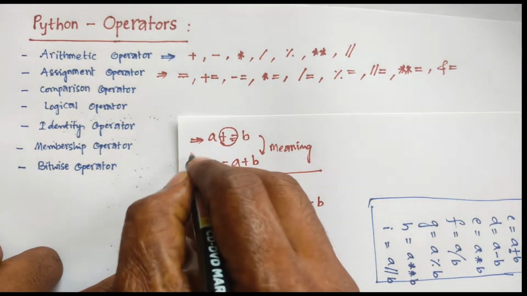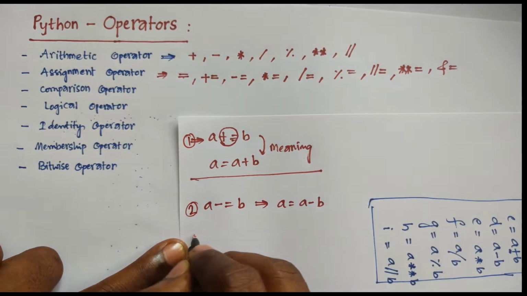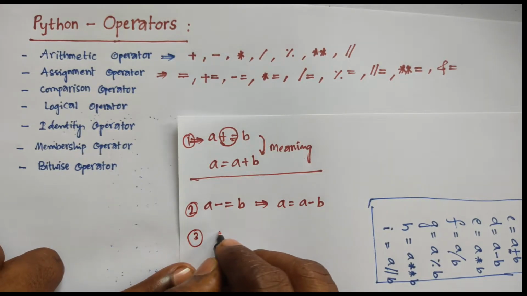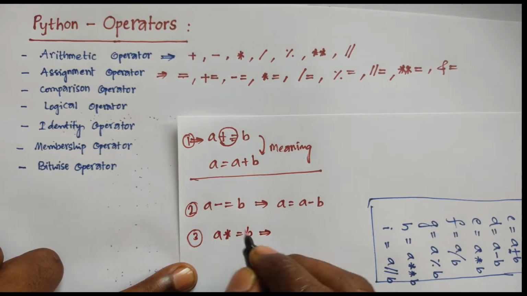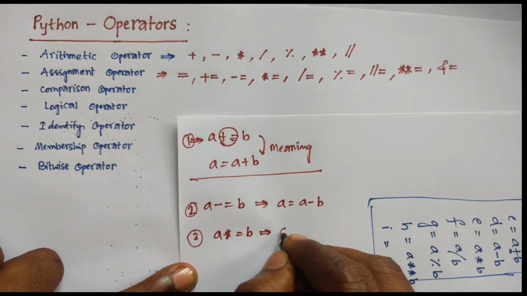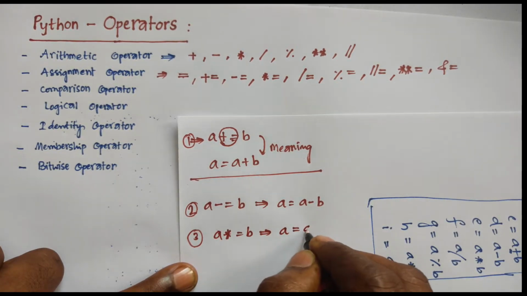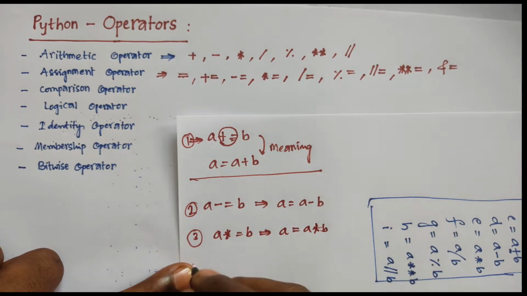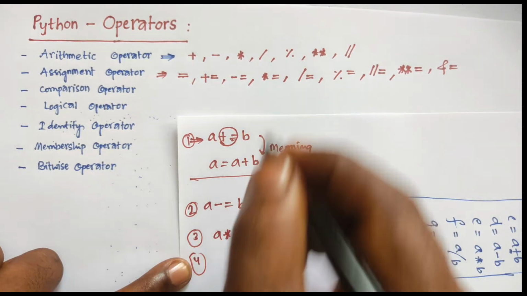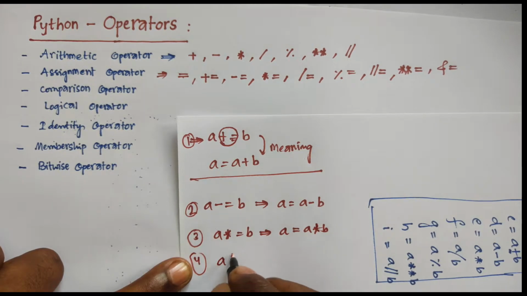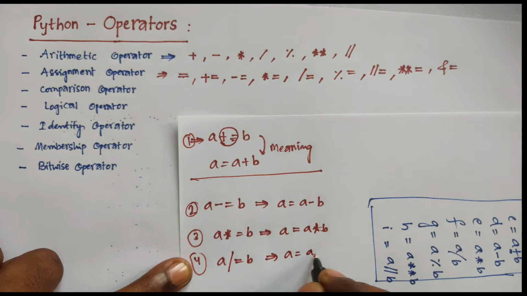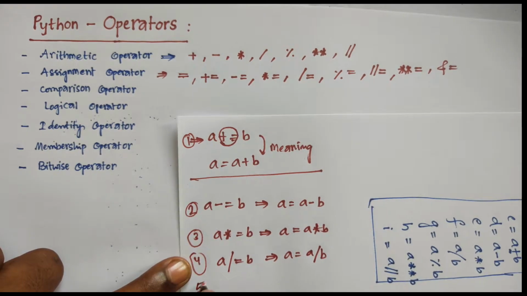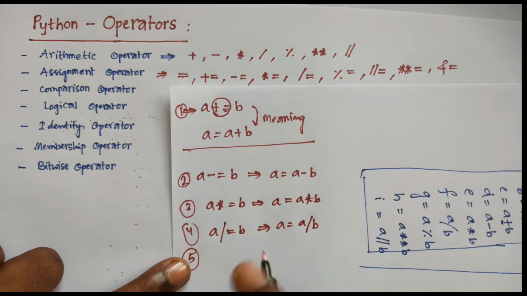Another example is a into equal b, that same function is a is equal to a into b. Similarly, the fourth one is a division equal b, that can be represented as a is equal to a by b.